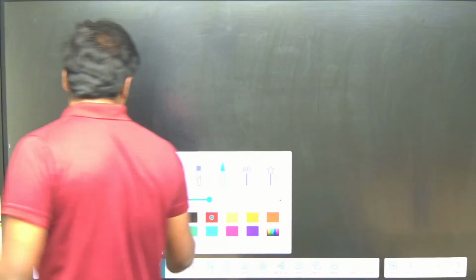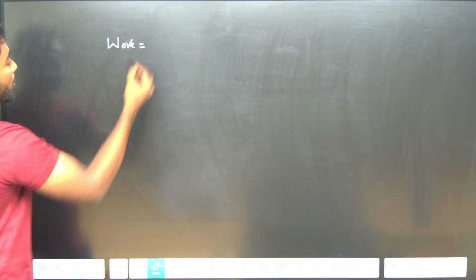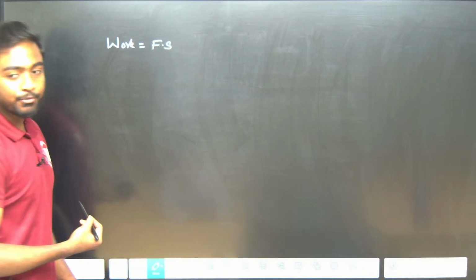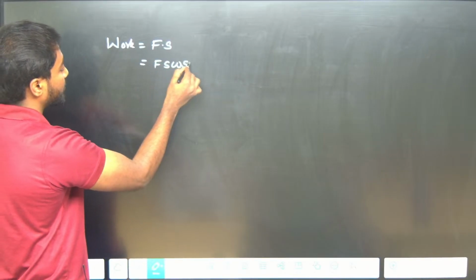Let's take a glance at what we discussed in the last class. Work is nothing but force into displacement, like F dot S, so the formula is Fs cos theta.